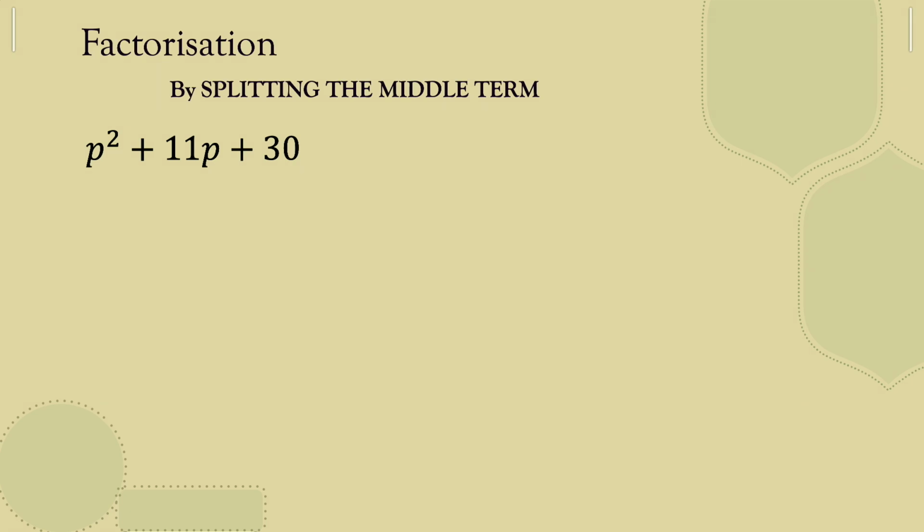Once these terms are arranged in decreasing order of power of the variable, the coefficient of the middle term is the sum of the two numbers which we were finding, and the last number will be the product.